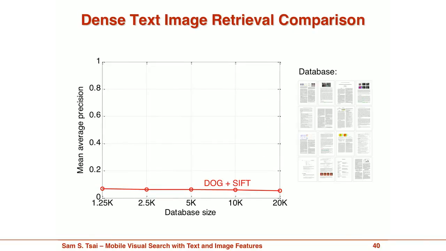And how does the retrieval perform? We test the retrieval performance for database sizes ranging from 1.25K to 20K. Shown at the bottom is the retrieval performance of SIFT descriptors. As mentioned previously, image feature-based methods would break down.